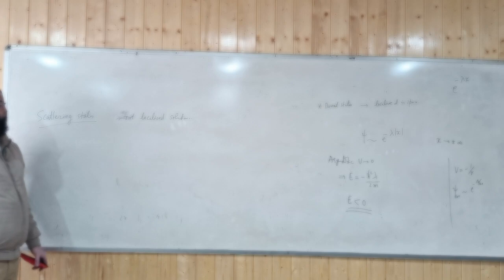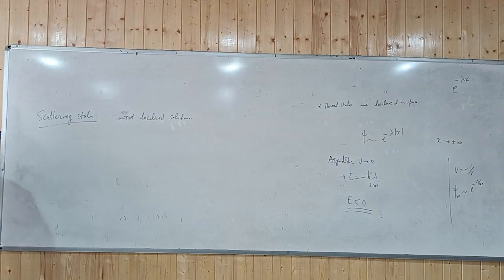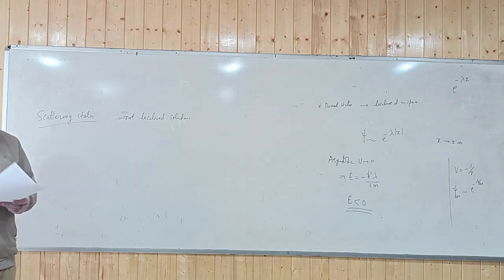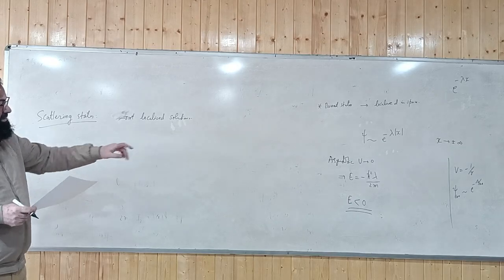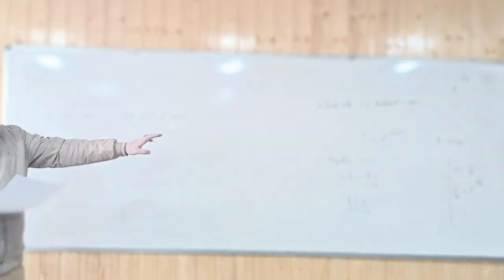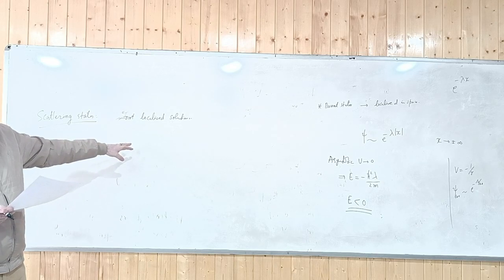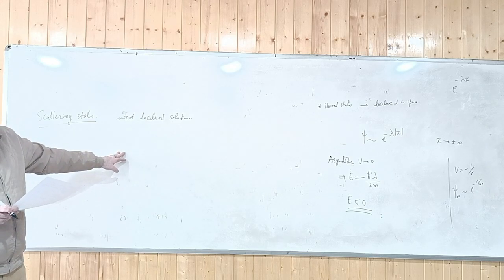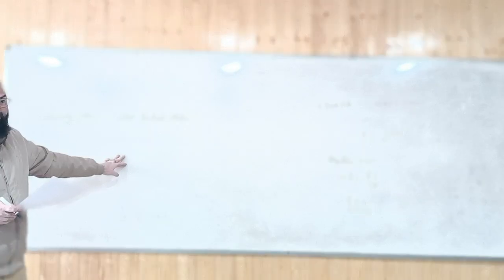Localized means the wave function should fall to 0 in the asymptotic limit. But when you go into the asymptotic limit, the particle is essentially free. So there is no potential.